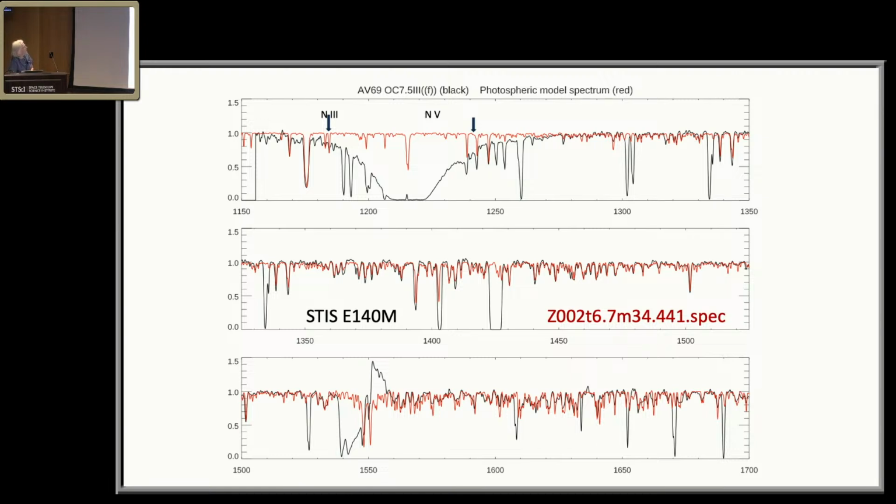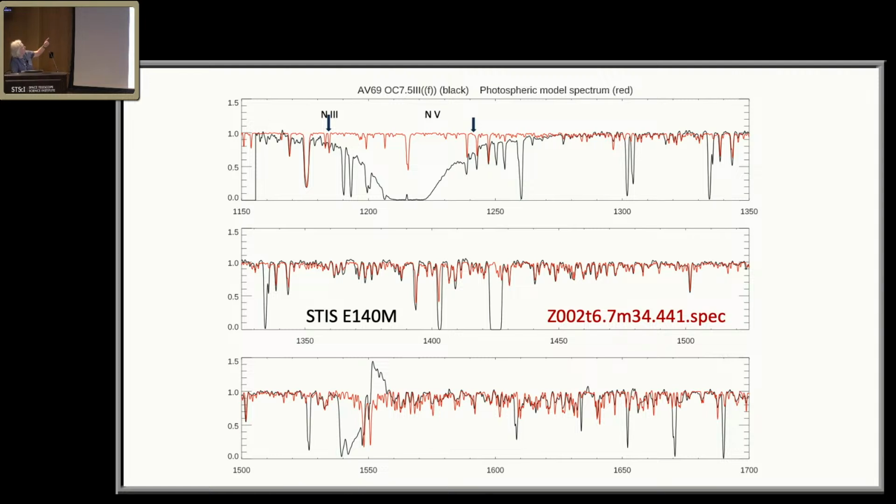And the lines of nitrogen-3, the doublet at 1163 and 1165 on the left, and then the nitrogen-5 doublet at 1239, 1242. We don't match because the nitrogen is simply very weak.